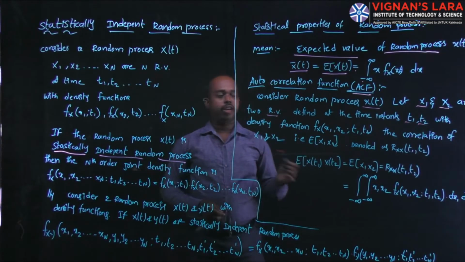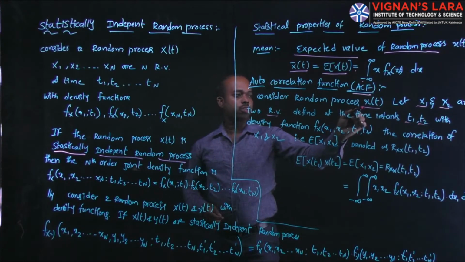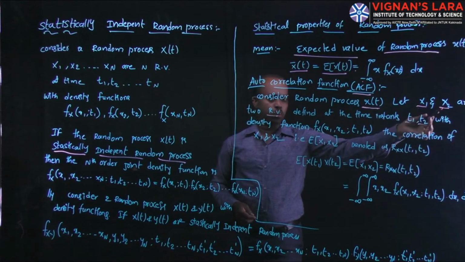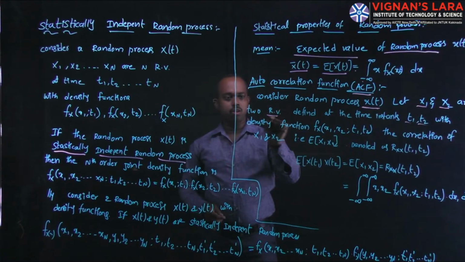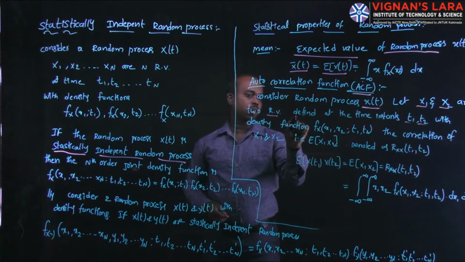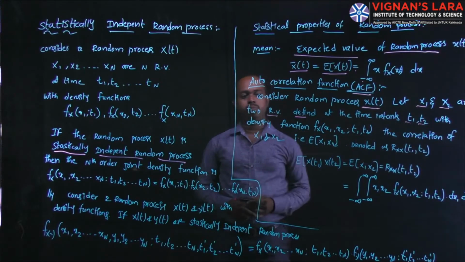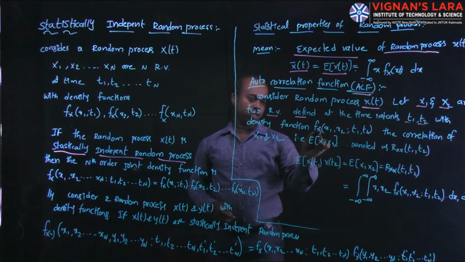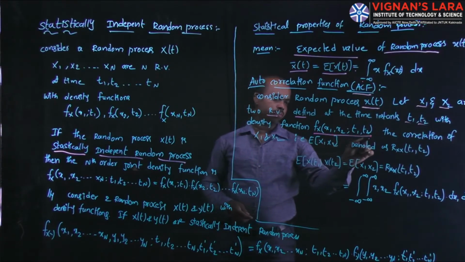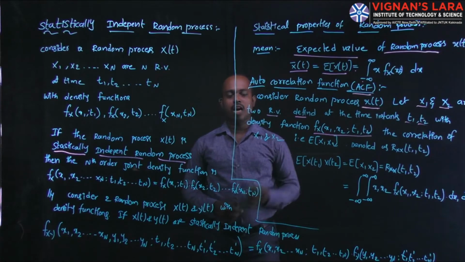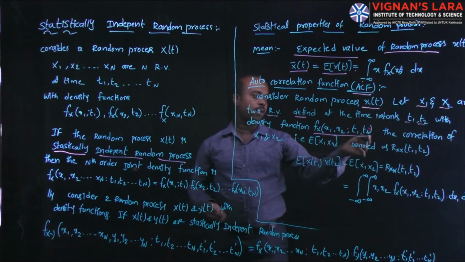In that random process, x1 and x2 are two random variables. These two random variables are defined at time instances t1 comma t2 with the density function small fx of x1 comma x2 and their timings t1 comma t2.